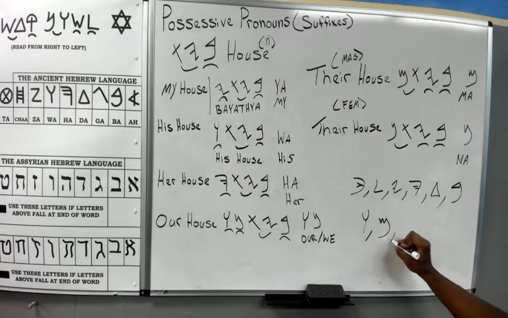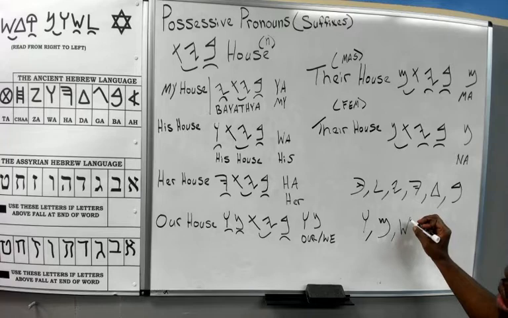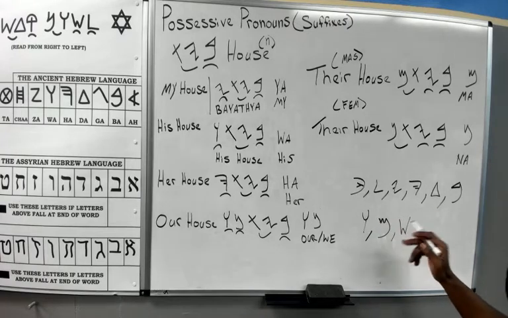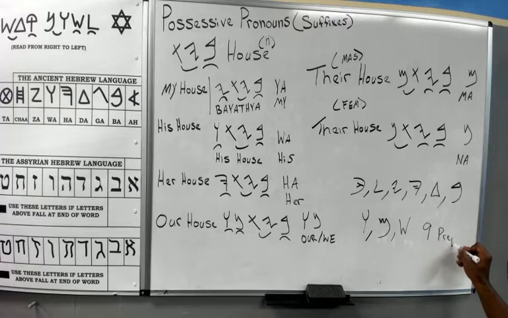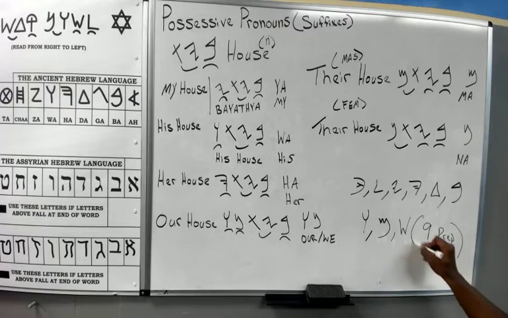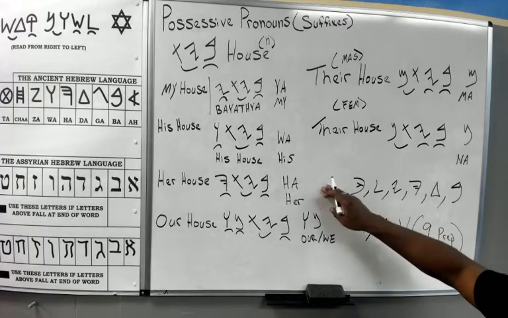You also got sha. So altogether, you would have 9 prepositions in the Hebrew alphabet that would be attached to a noun or a verb.